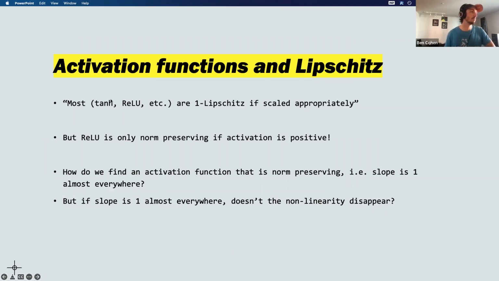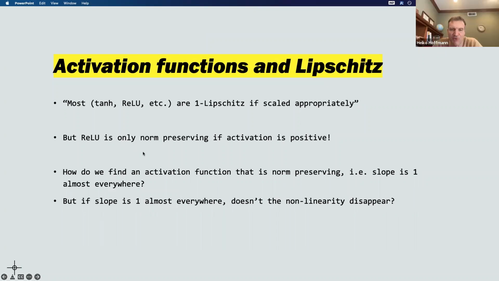First of all, they note that most activation functions like tanh and relu are already 1 Lipschitz, or if they're not, you can do some scaling to make them 1 Lipschitz. So relu is Lipschitz, but it's not norm preserving because when you're on the left side of 0, the gradient goes to 0. And so it doesn't preserve the gradient norm. So the whole function is no longer going to satisfy that gradient norm preservation property.